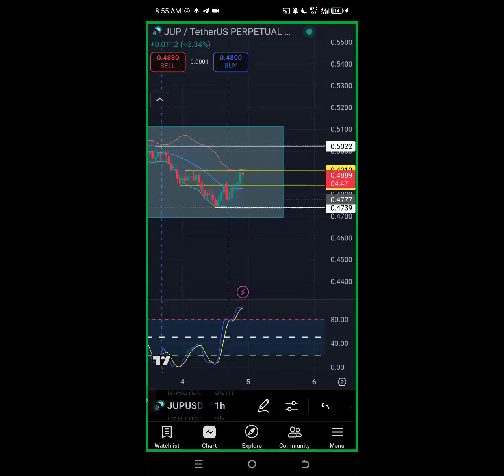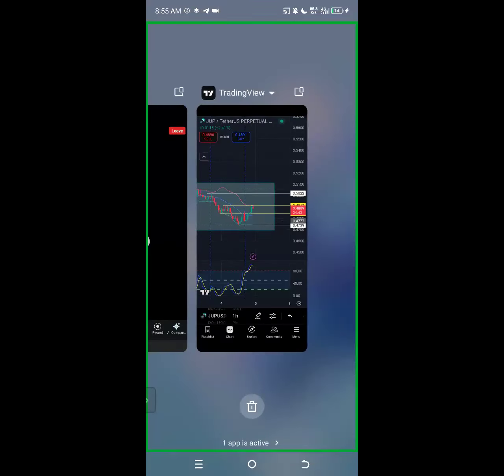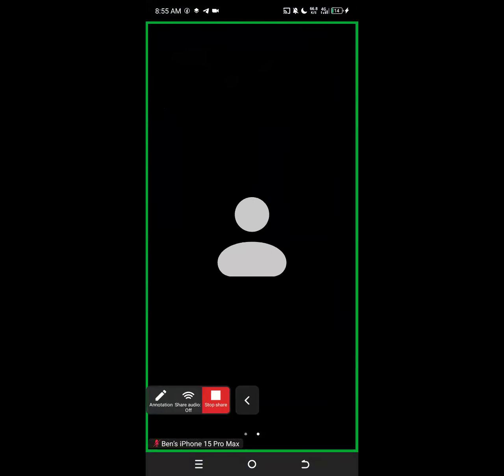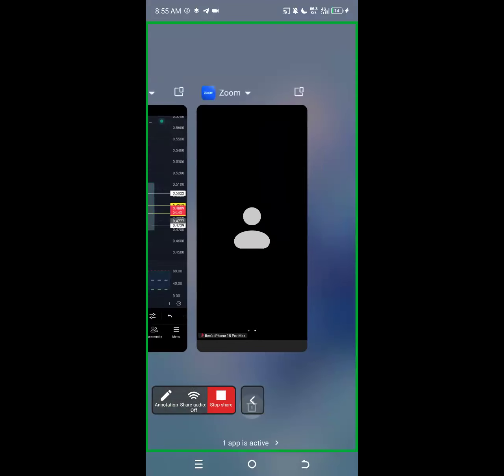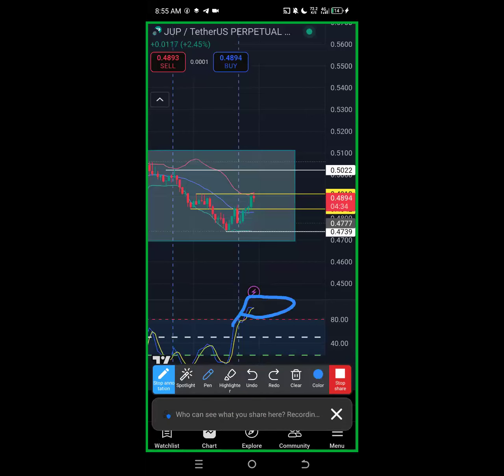We are already being told that the price is within the overbought zone. It's within the overbought zone. It's within the danger zone. The overbought. This is a supply zone.